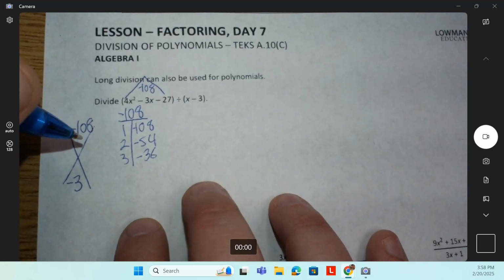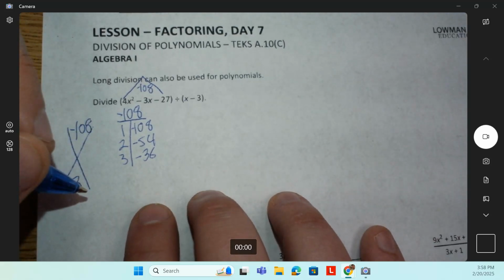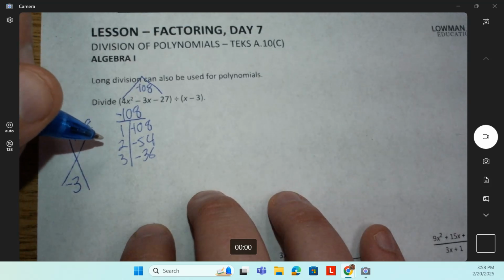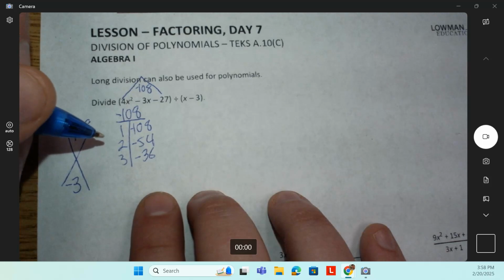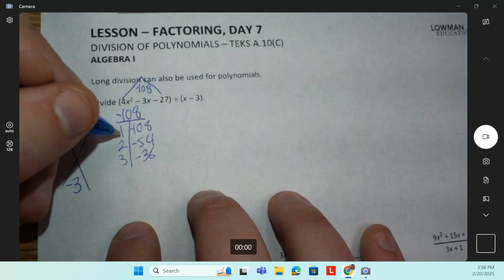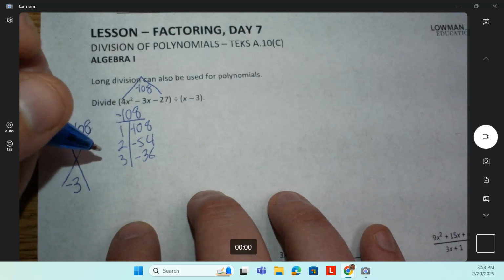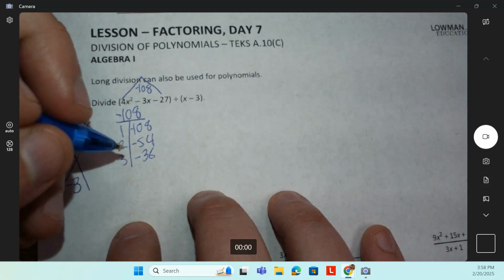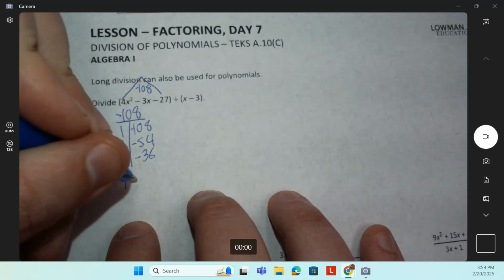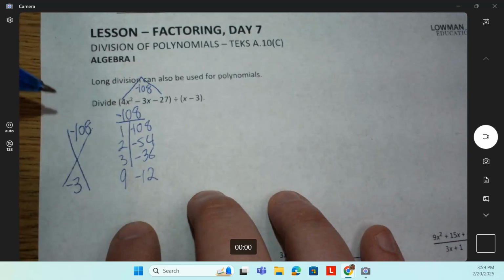Or if you know how to do that in the calculator or on Desmos, any way that works. We're looking for something that multiplies to get negative 108 and adds to get negative 3. What it ends up as is 9 and negative 12.